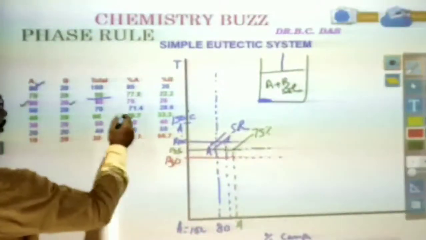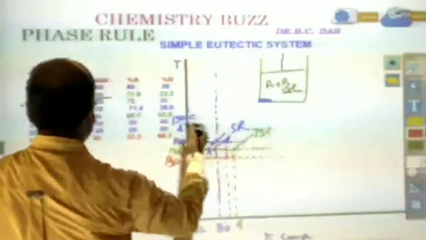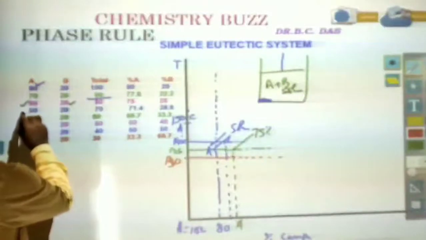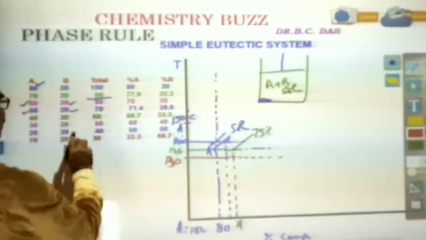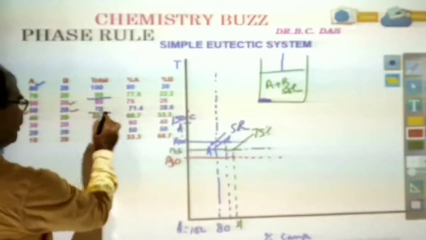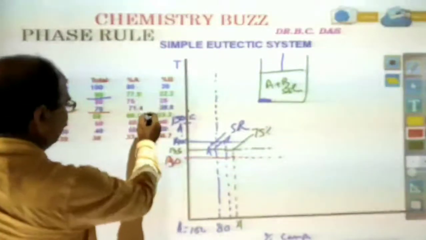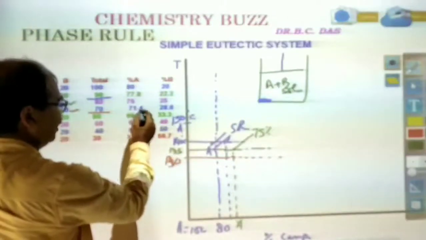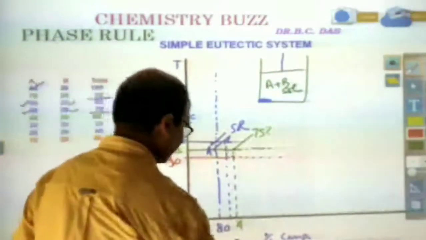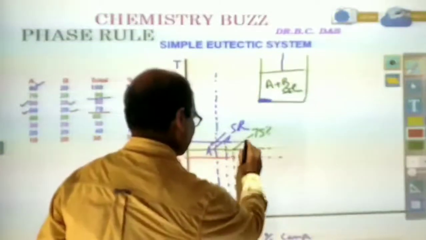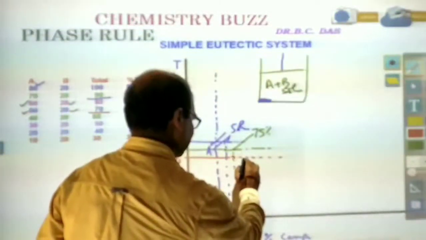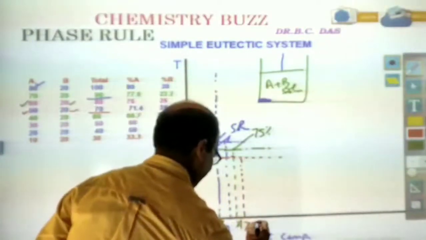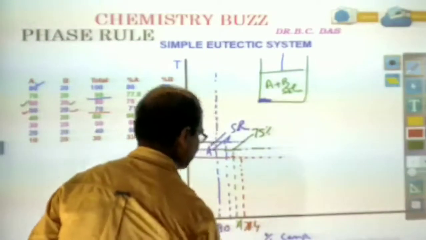Again, when another 10 gram of A is separated out, the weight of the solution is continuously decreasing, and so is the percentage composition. There is 50 gram of A and 20 gram of B, so the total weight becomes 70 gram, and the weight percentage of A is 71.4. So at this point the composition of the solution is somewhat here, that is 71.4%.